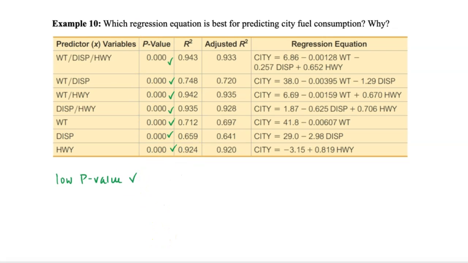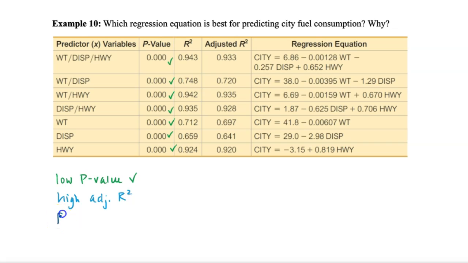Okay, great. We're looking for a high adjusted r squared. Now all of these are relatively high, but because I have so many, I'm going to go ahead and move on to the number of variables. So we'll deal with this in a minute.